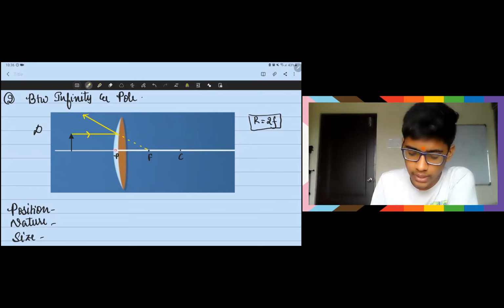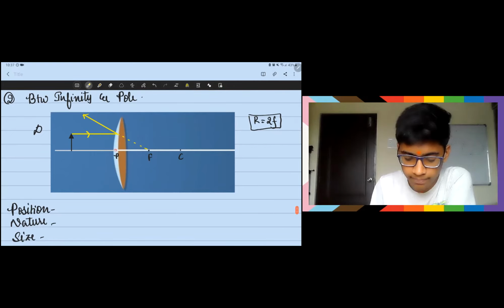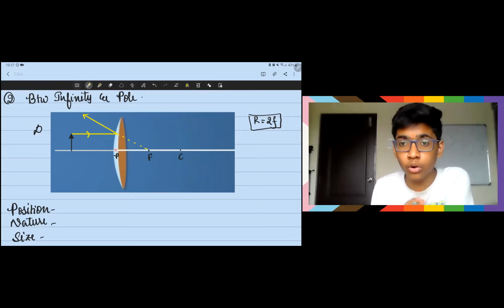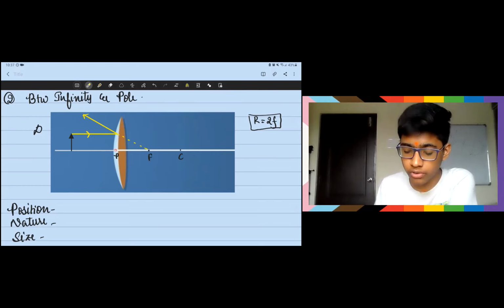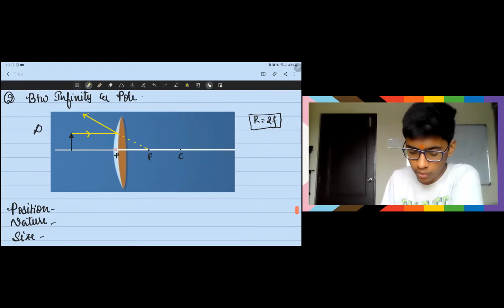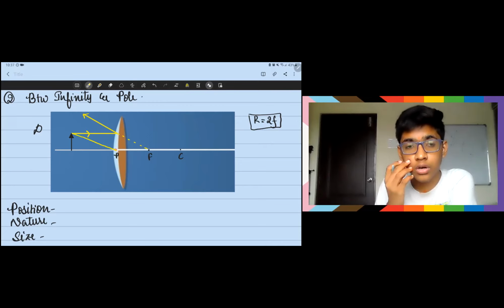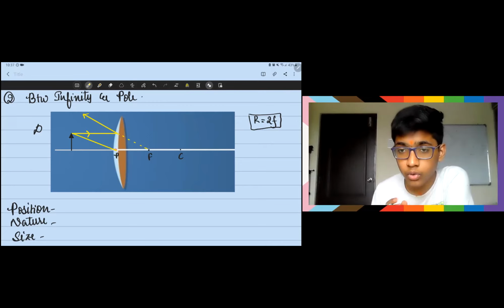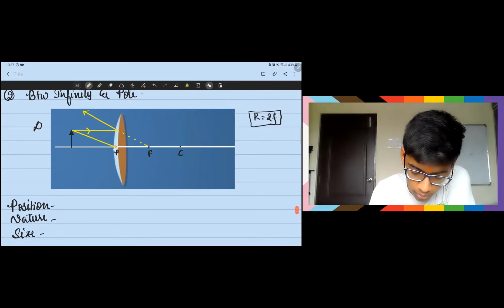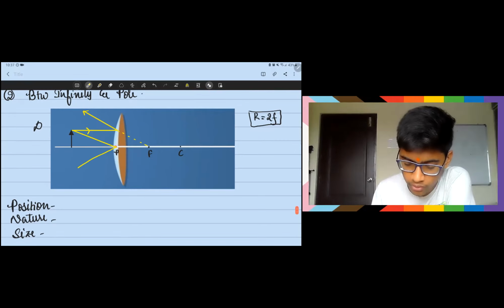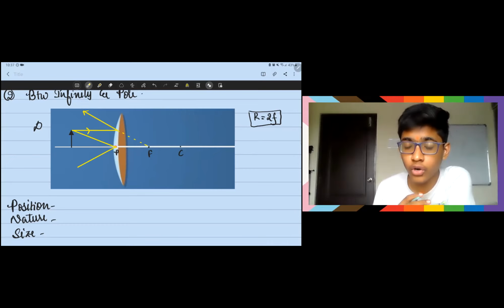You can also use appearing to pass through the center of curvature. Even now I will use the pole one, because while using the pole it becomes easy and the diagram will look very neat. Just draw a ray to the pole, and from the pole it is going to reflect with angle of incidence equal to angle of reflection.